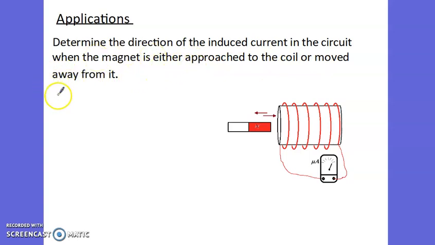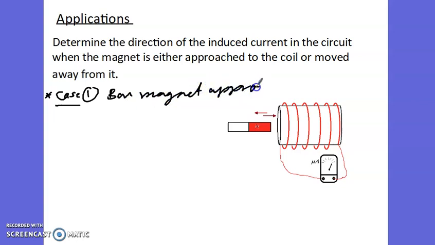So let's consider case 1 first. Bar magnet approaching the coil. Okay? First point.